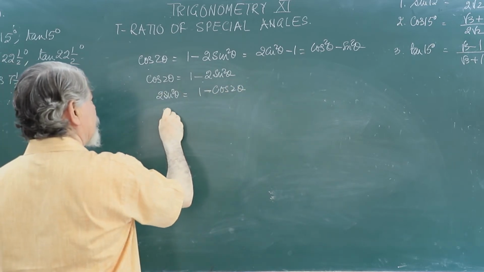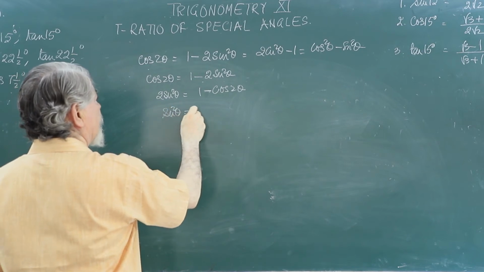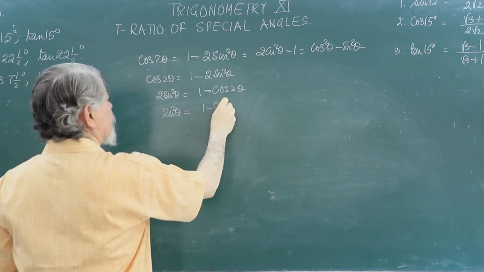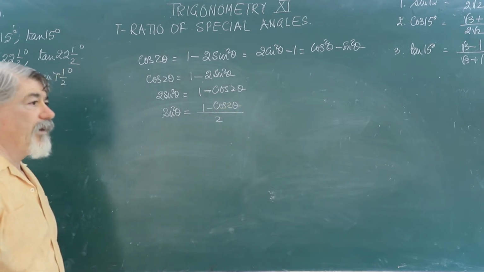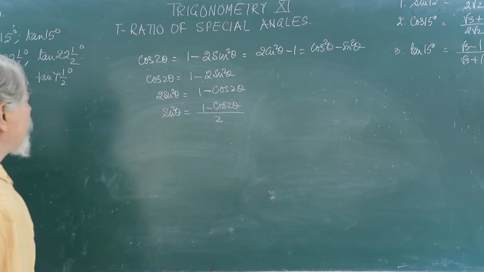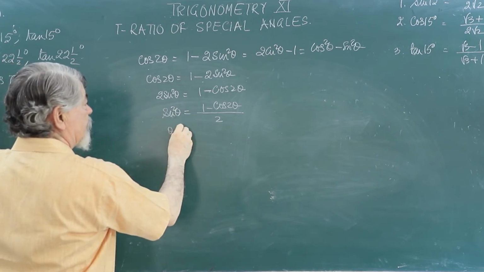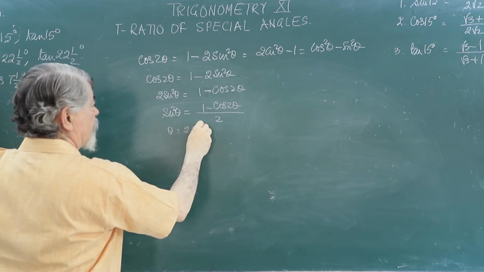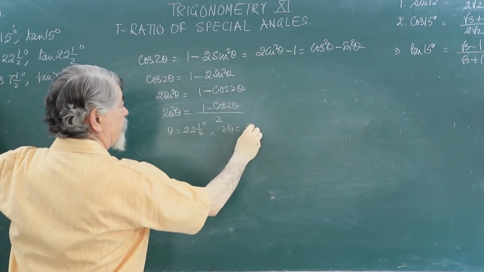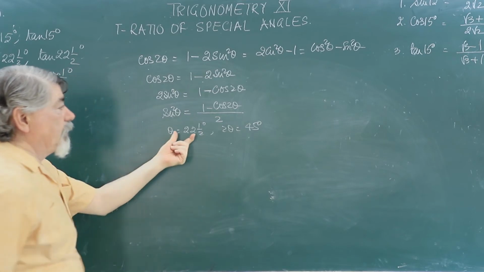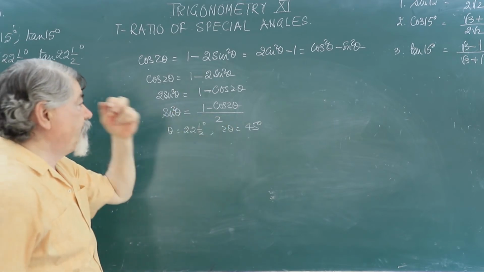Or sine square theta will become 1 minus cos 2 theta upon 2. Suppose the value of theta is 22.5 degree. Then 2 theta will become how much? 45. You double this angle, it will become 45.